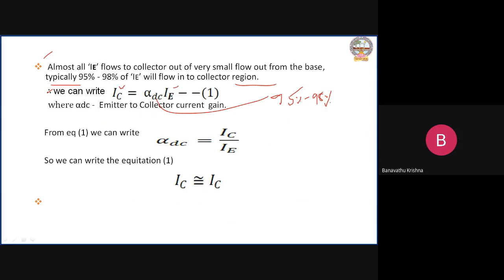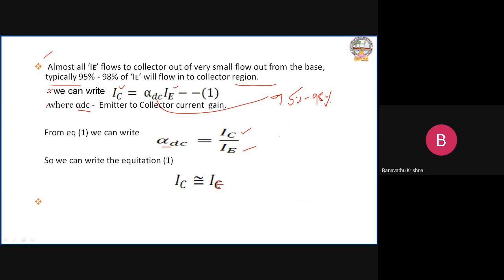Here alpha DC is the emitter to collector current gain. From equation 1 we can write alpha DC equal to IC by IE. So IC is approximately equal to IE because alpha is nearly equal to 1, since 95% to 98% of charge carriers enter the collector region.